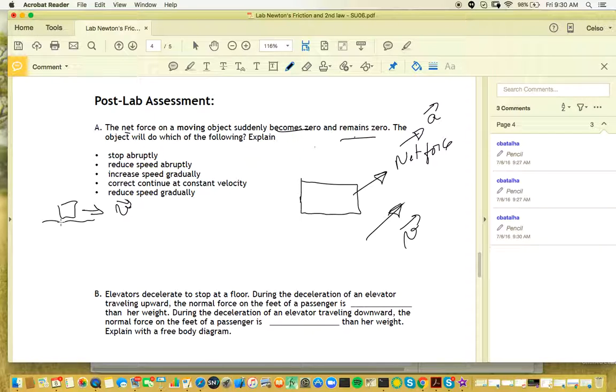So the car is gliding on ice, let's say, to the right with some velocity v, and then suddenly there is some net force that opposes the motion of the car, like the car presses some sort of brake that goes through the ice.